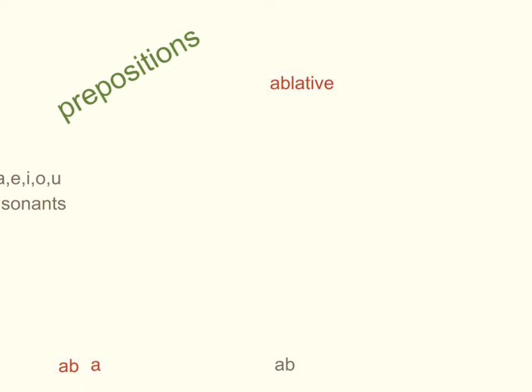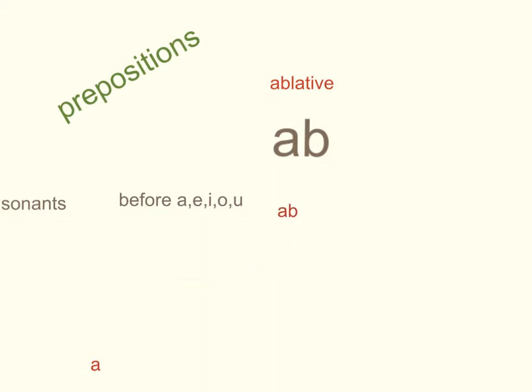We've also learned about the use of the preposition ab. Ab also goes with the ablative, but it has some special rules associated with it. These rules are pretty simple. When the preposition is used before a vowel, a, e, i, o, u, we use the form ab.